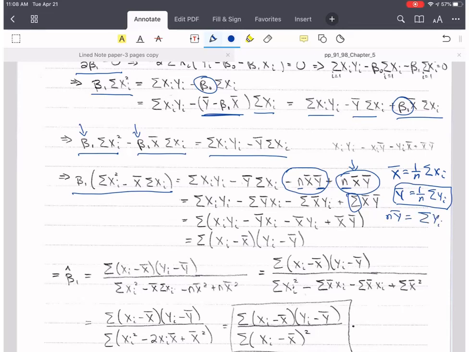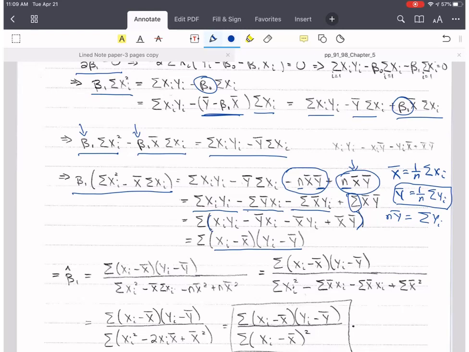And so now I have the sum of xi yi, then I have the sum of y bar xi, minus the sum of x bar yi, and then I have the sum of x bar y bar. And then I can pull the summation out to the outside, and it turns out that I can factor it this way.